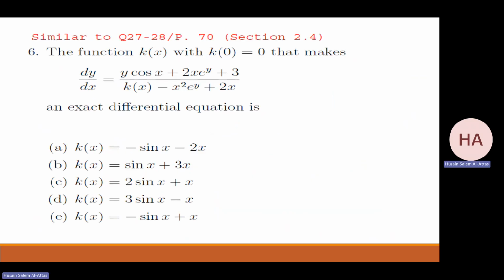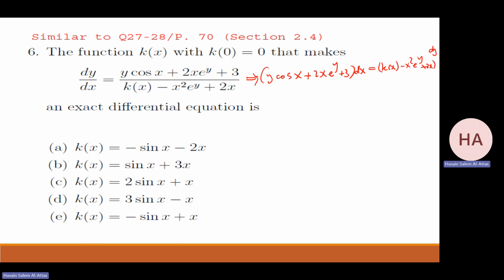The function k of x: find k of x that makes this exact. He said this equation is exact. Let me rewrite it. I have y cosine x plus 2x e to y plus 3 dx, usually written as something dx plus something dy, equal to k of x minus x squared e to y plus 2x, all times dy.